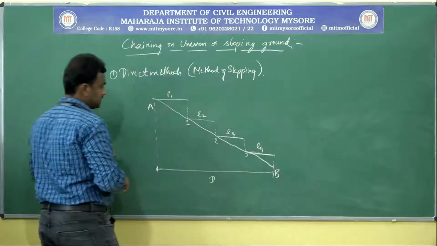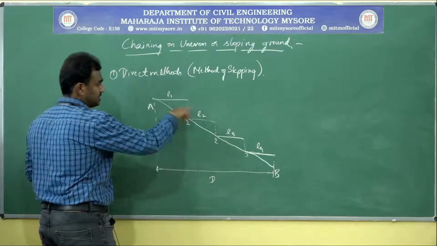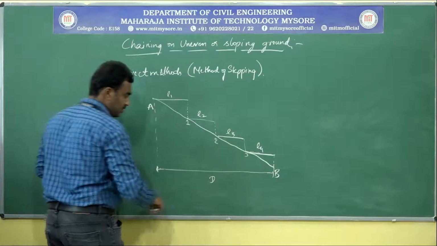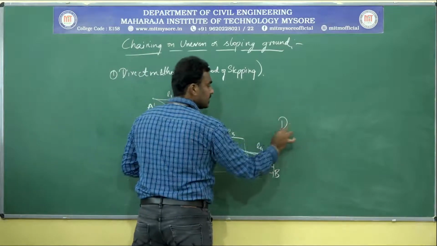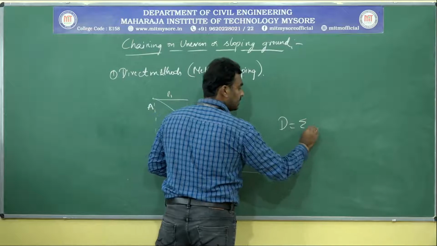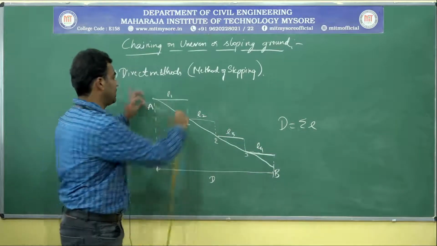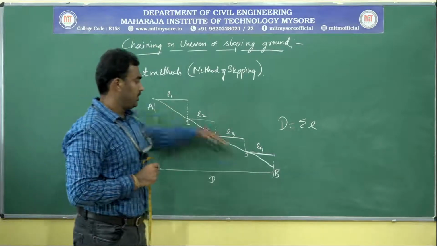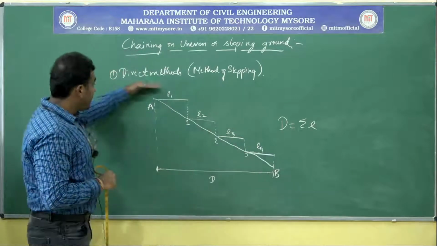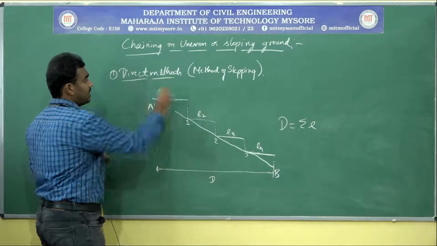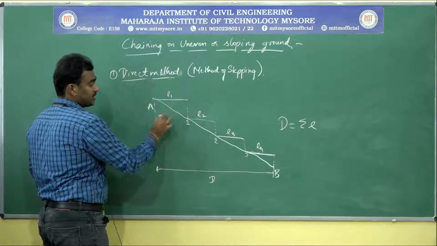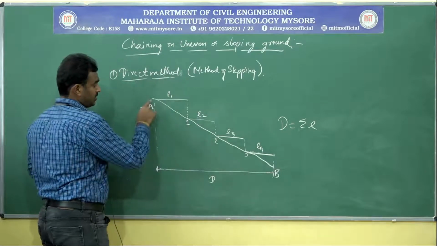So it looks like steps, and it is nothing but the method of steppings. To find D, we simply sum the different lengths which the leader stretched over the sloping ground. This is how we directly measure the horizontal distance between A and B.